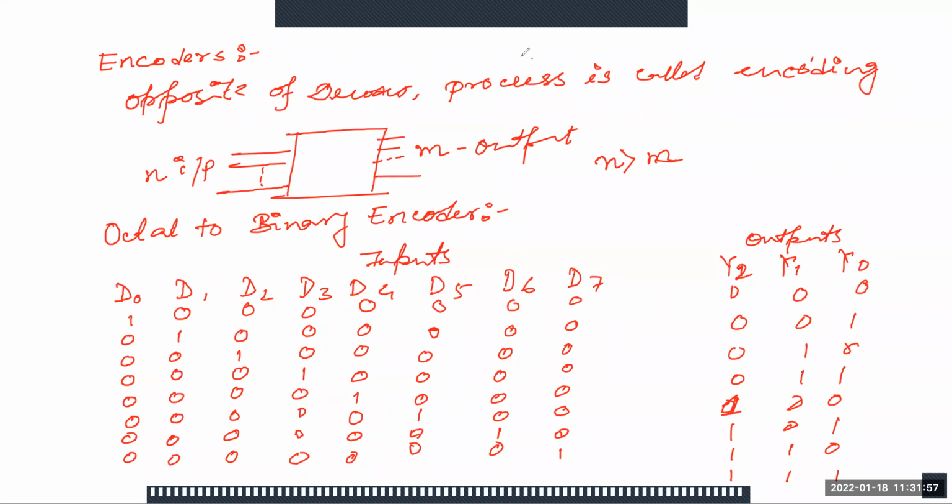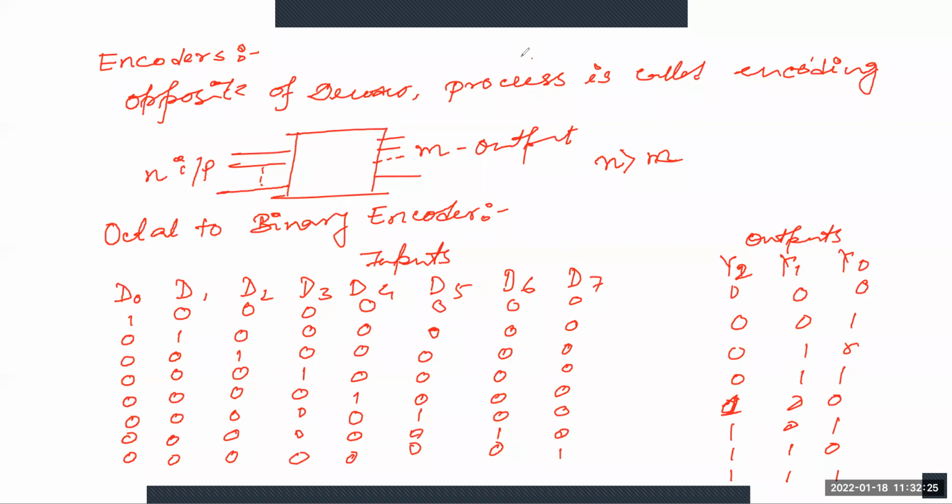In the case of decoder, you just saw the opposite truth table: the inputs were A, B, C, 3 inputs, and there were 8 outputs. But here you can see the opposite of the decoder.